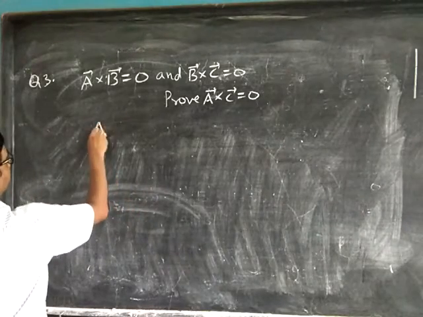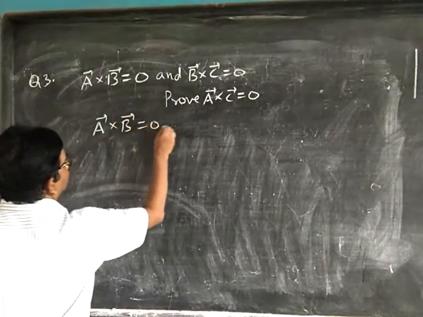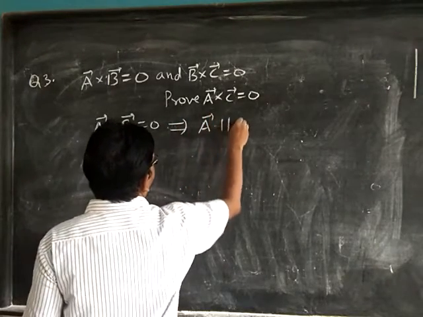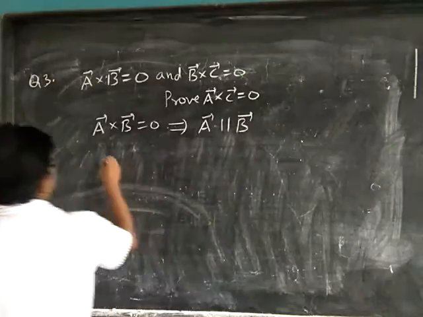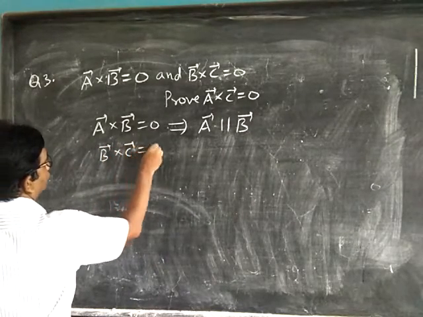Vector A cross vector B is equal to 0. This implies vector A is parallel to vector B. Vector B cross vector C is equal to 0.